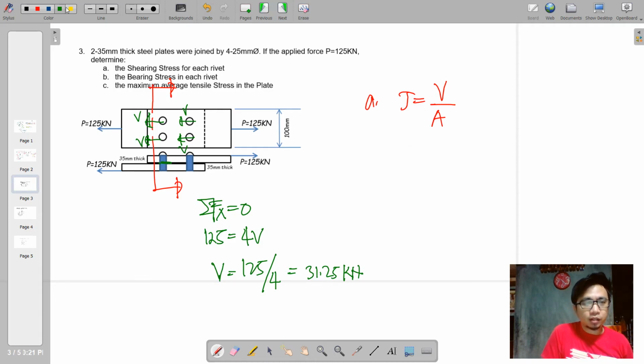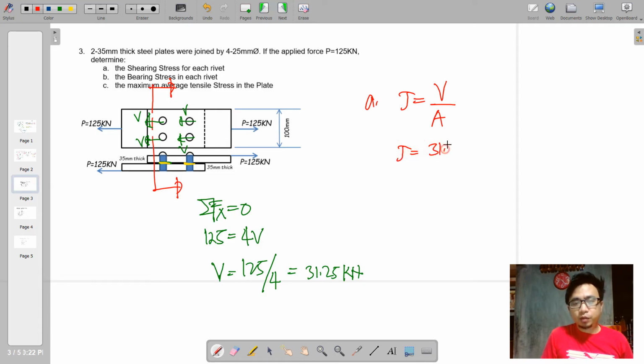So we can see it on the cut. Okay, so the cutting section passes through the cross-sectional area of each of the rivet. So the shearing stress now would be readily derived. See, this is tau.